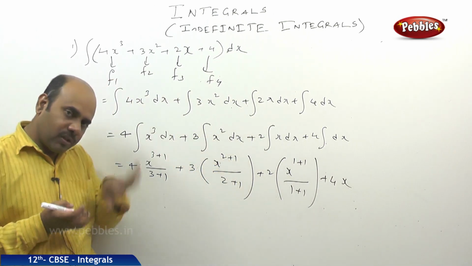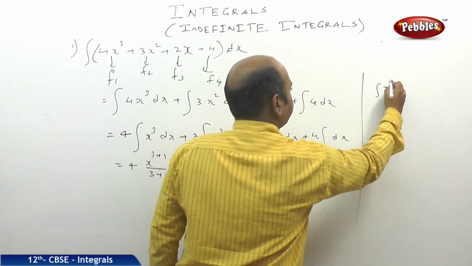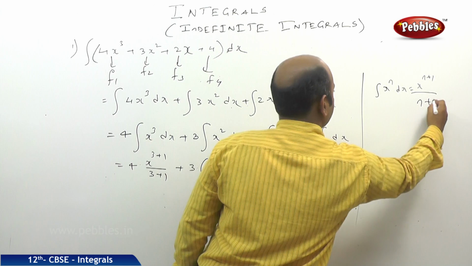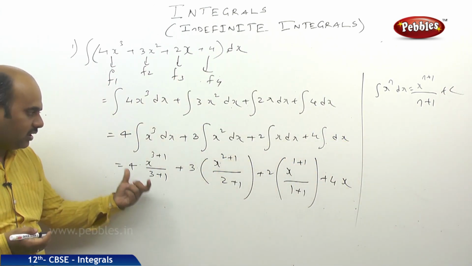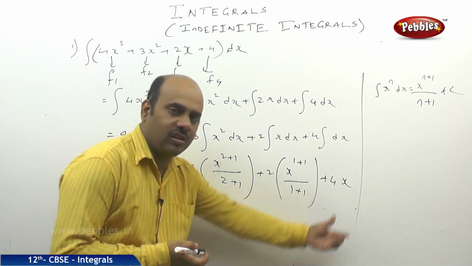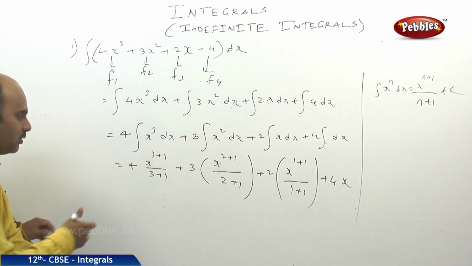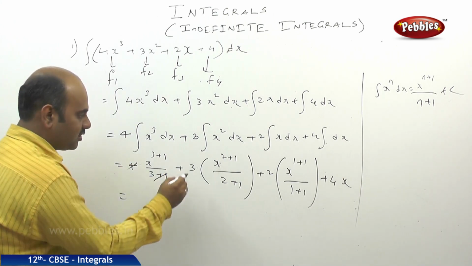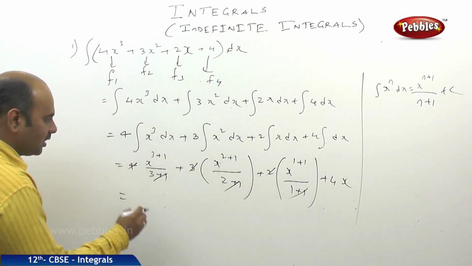But in formulas what we said, integral of x power n dx is nothing but x power n plus 1 by n plus 1 plus c. But if you could observe carefully, here c, here c, here c, here c, we won't be writing. Finally, we'll be keeping only one c. So what happens finally? Here 4 4 will be getting cancelled. Here 3 3 will be getting cancelled, and here 2 2 will be getting cancelled.